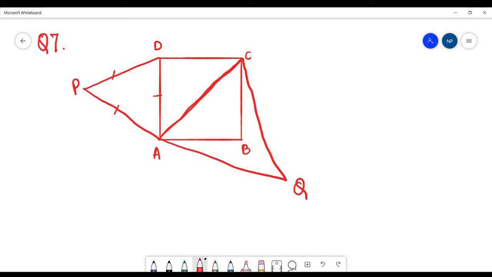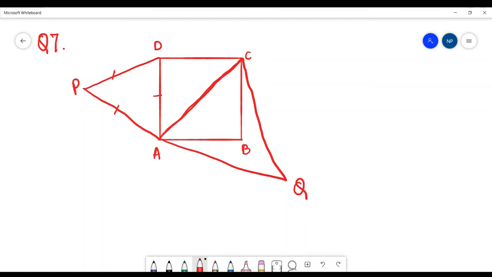It is also given that the equilateral triangle described on one side of the square is equal to half of the area of the triangle. That means this area is half of the triangle drawn from the diagonal. Is that clear?